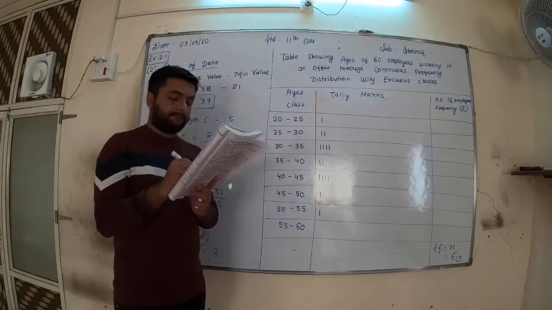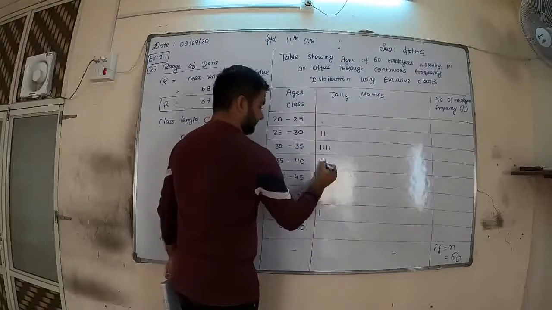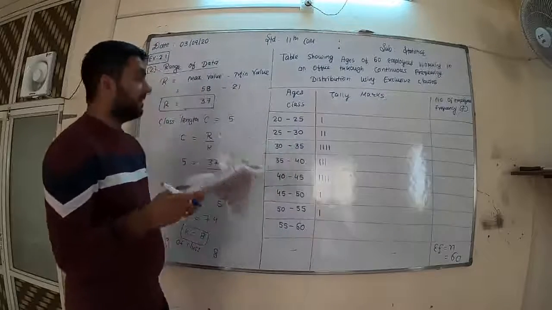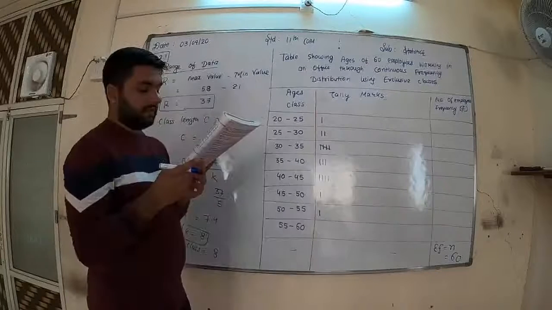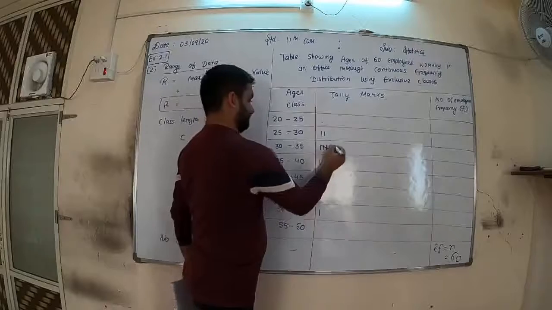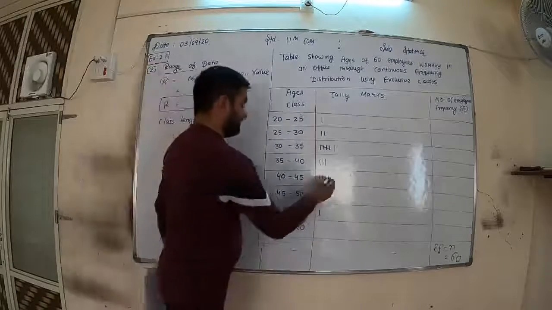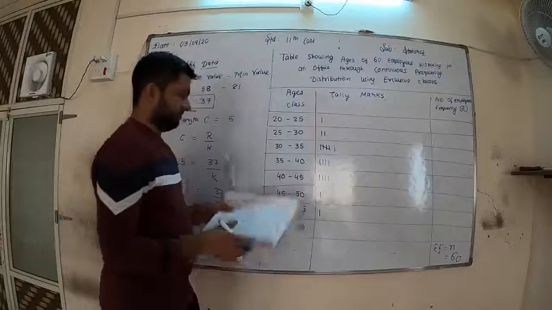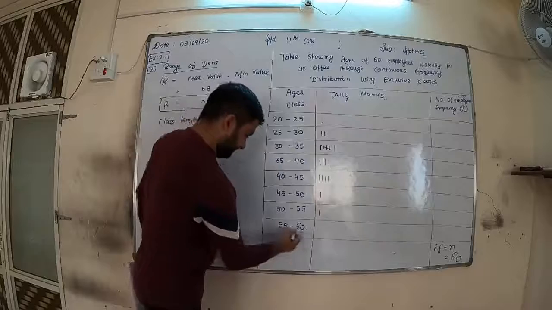Now the fourth line: 35, not here, here. 32, 31, 35, again here, 53.